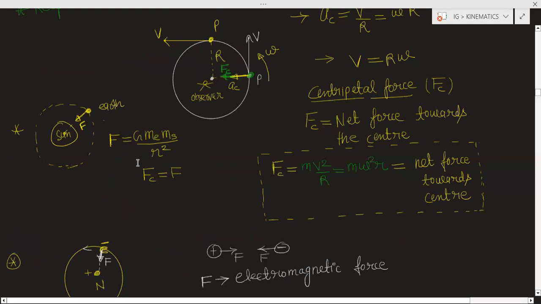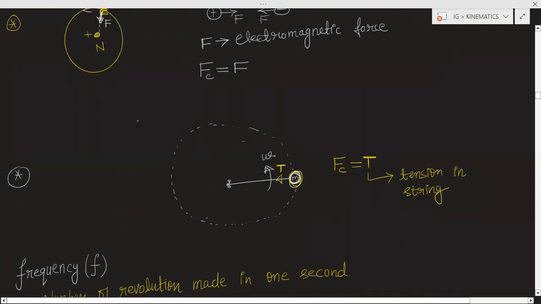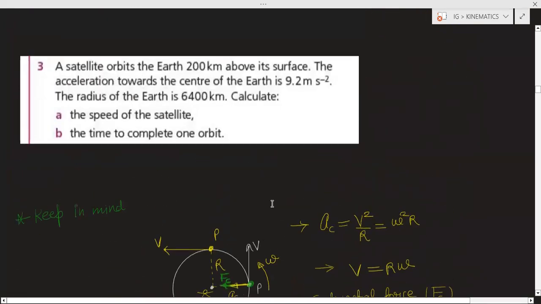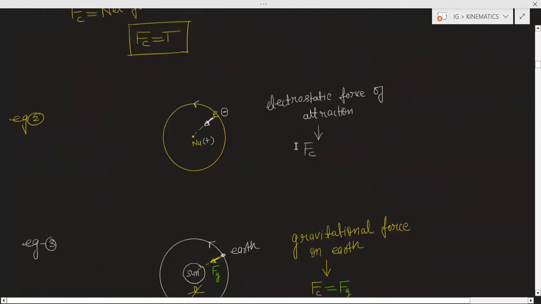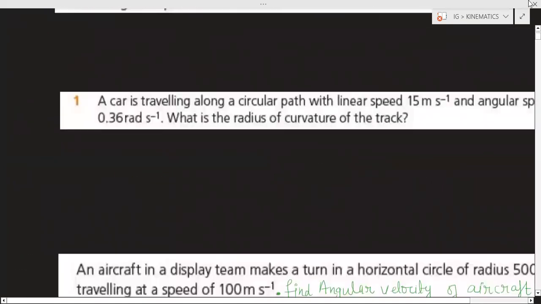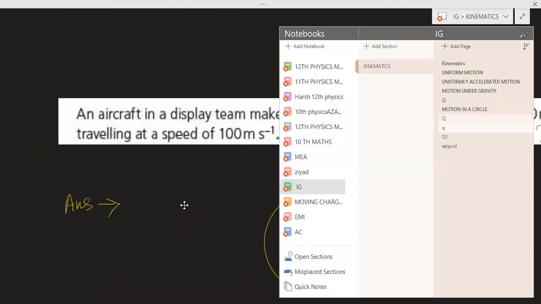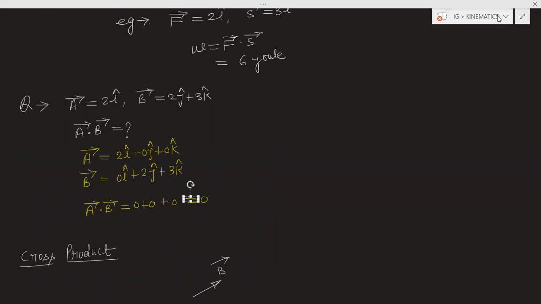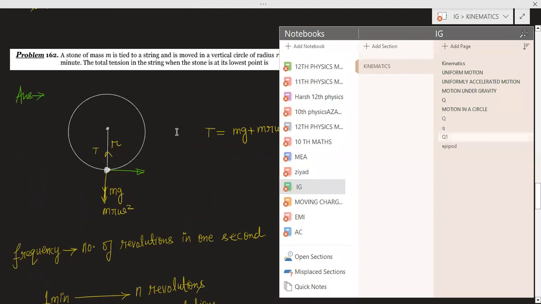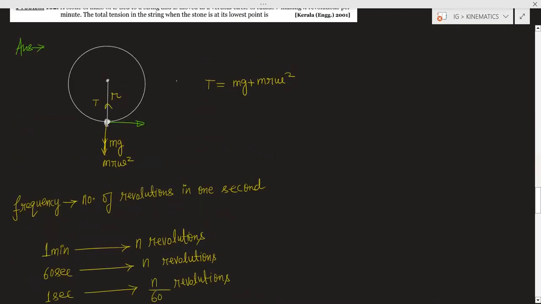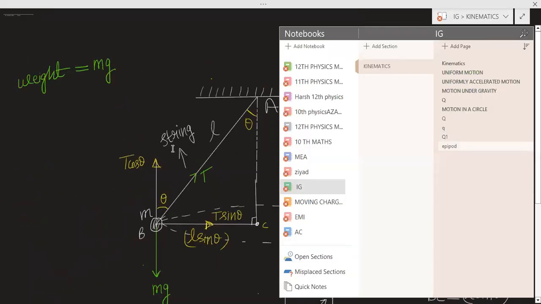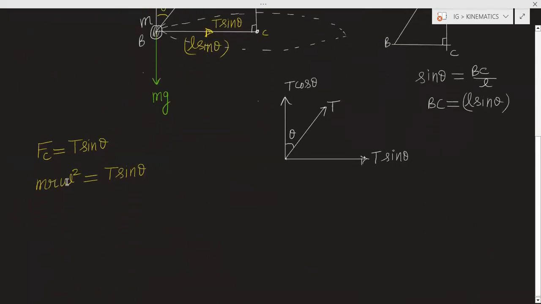This mass is rotating, so r is the distance between this mass and the center. So r here will be L sin theta, and you can put the value. First assume this as equation number 1.